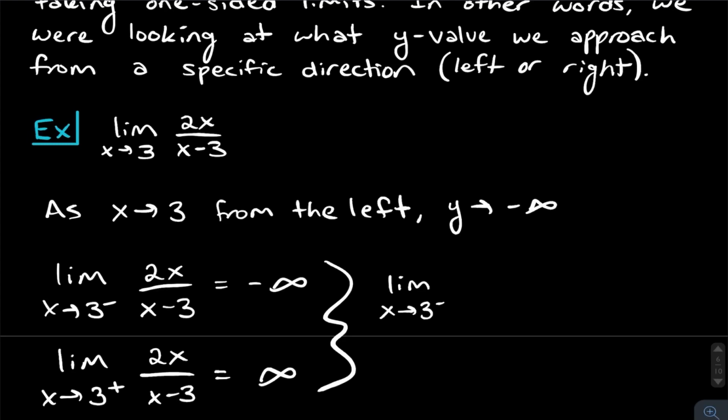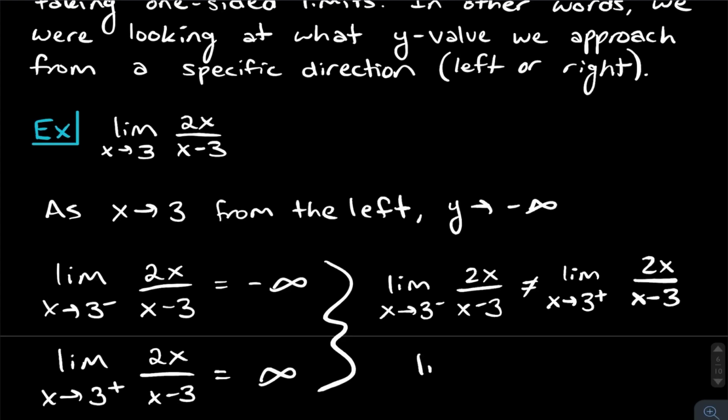Since the limit as x approaches 3 from the negative side of 2x over x minus 3 does not equal the limit as x approaches 3 from the positive side of 2x over x minus 3, the limit as x approaches 3 of 2x over x minus 3, the full limit that considers both sides, does not exist.